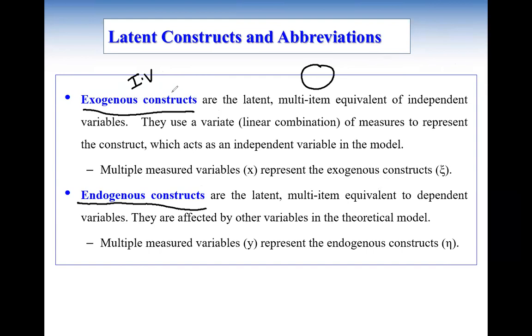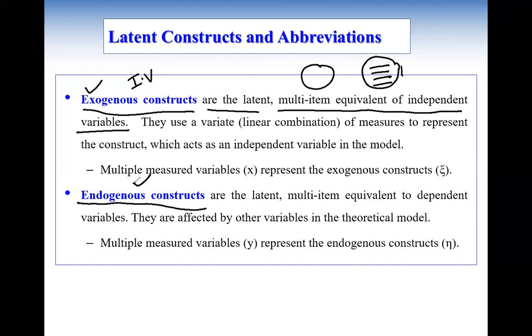Similarly, a construct has 4 or 5 questions; it may be 7, 8, 9. So exogenous constructs are latent multi-item equivalents of independent variables. When we combine multiple independent variables and create a factor, this factor is known as an exogenous construct.